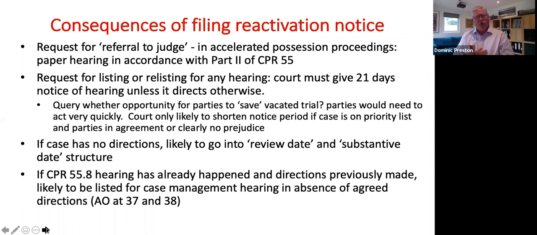If you have already had what you might call the first return date, the CPR 55.8 hearing, and directions have been made, whether full directions or limited directions, it strikes me that when you resurrect that case, if you agree directions, you'll either get an order or you'll get a case management hearing to see how to deal with it. That would be my suggestion then.